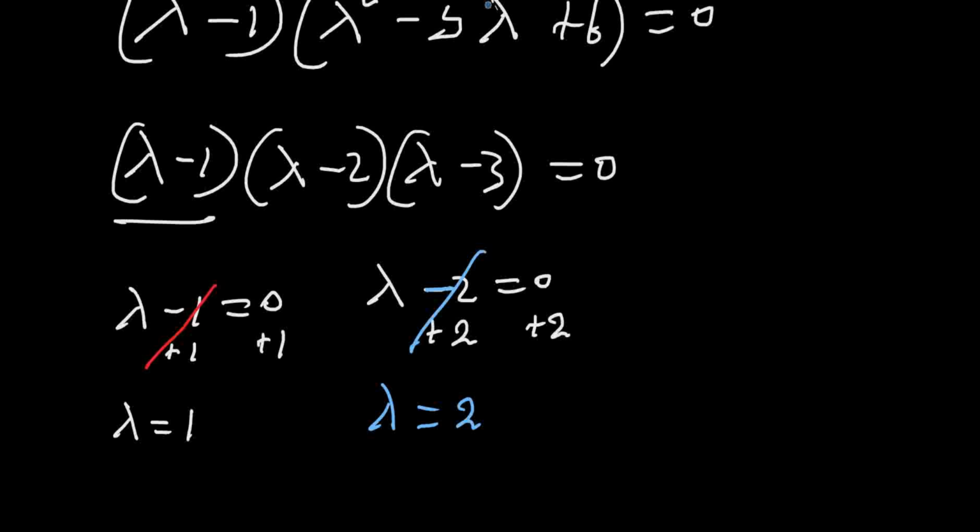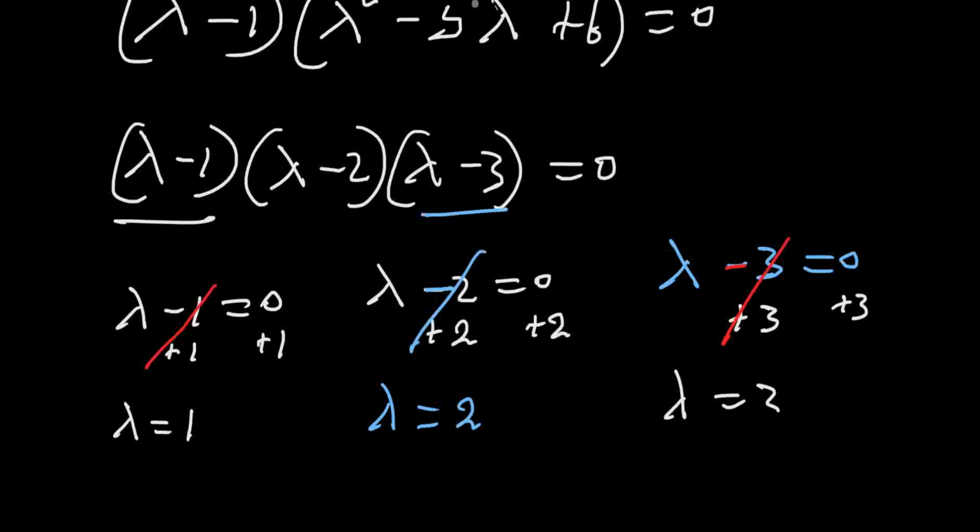And also we set this to 0. Lambda minus 3 is equal to 0. You can see that this number is negative 3, so add the opposite. The opposite of negative 3 is positive 3. So negative 3 plus 3 is 0, so cancel this, and lambda will be equal to 0 plus 3, which is 3.